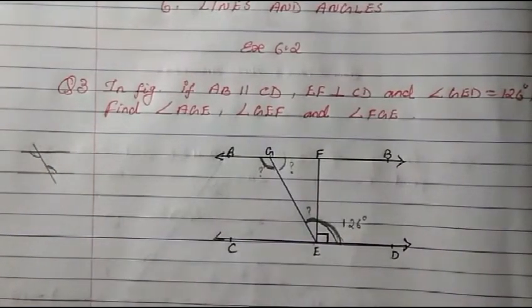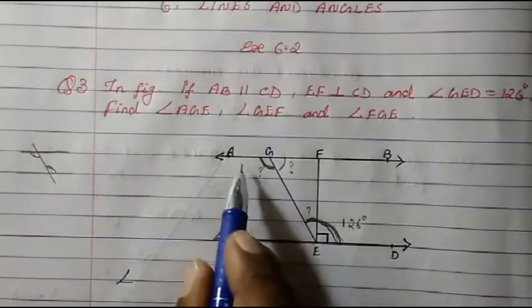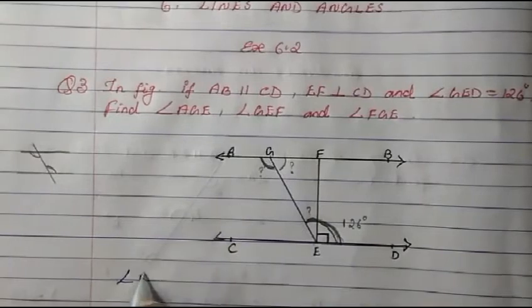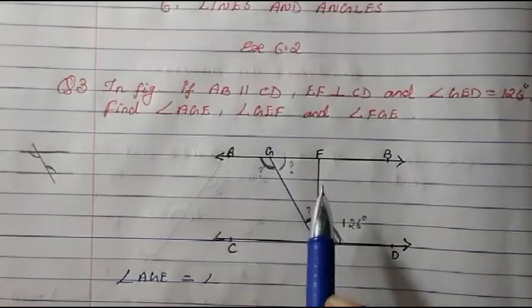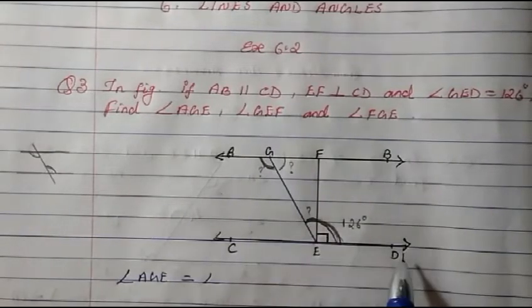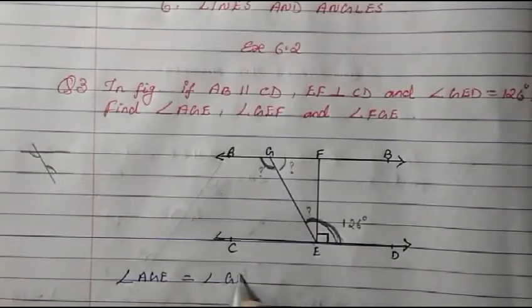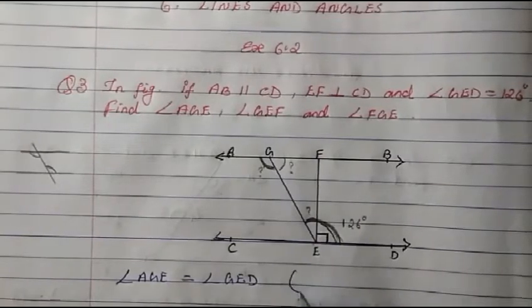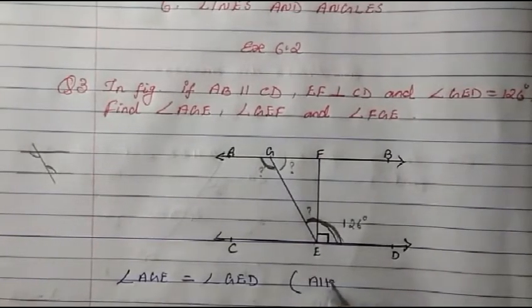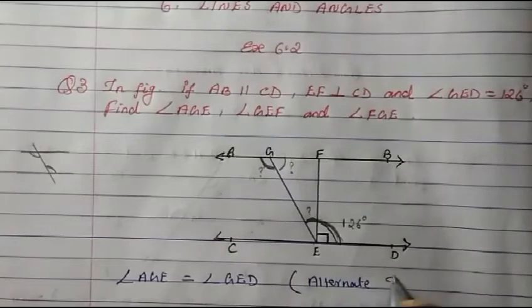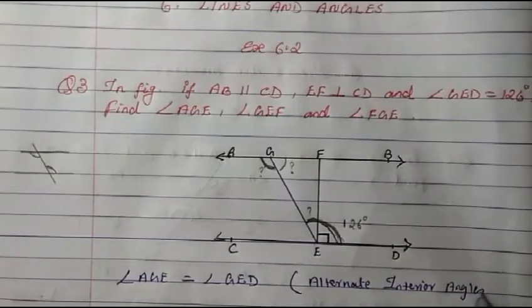If they are alternate interior angles, then they are equal to each other. So can we say that angle AGE is equal to angle GED? Why? Because they are alternate interior angles.